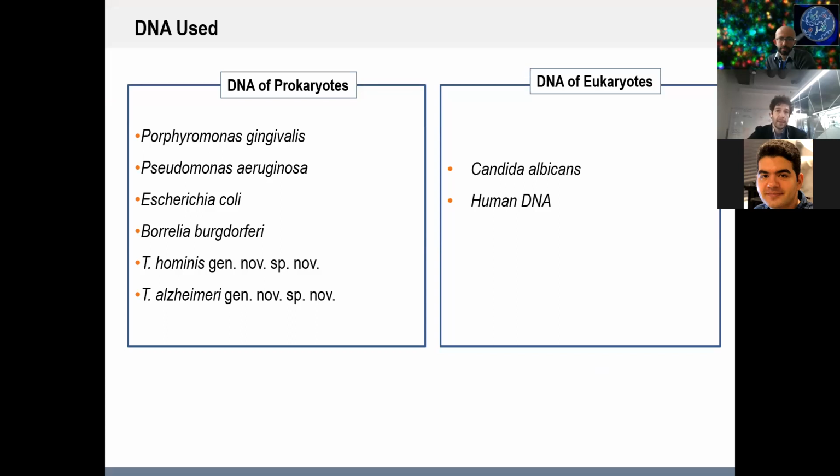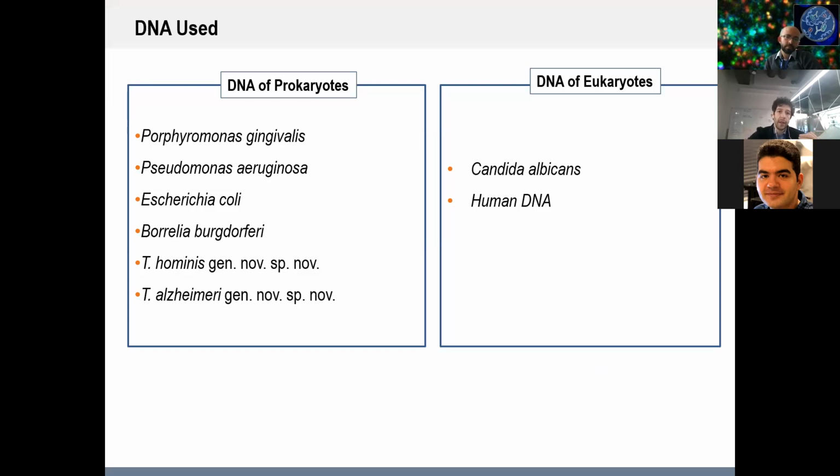We used the protein misfolding cyclic amplification method based on thioflavin fluorescence that mimics the in vivo protein misfolding process. And we used the DNA of bacteria previously cultivated directly from the brains of patients with Alzheimer's disease, or identified in other parts of the central nervous system, in plaques, or in the circulation or oral cavity of patients with Alzheimer's disease.